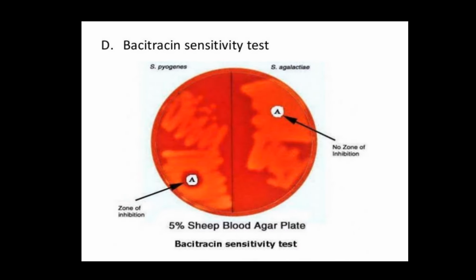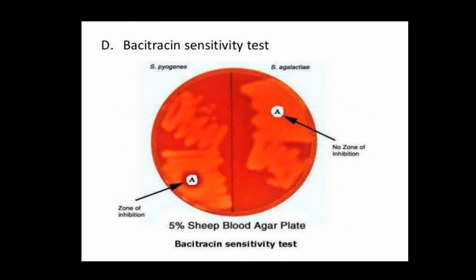Then next we have the bacitracin sensitivity test. The optochin and bile solubility test was for the alpha hemolytic streptococci, while the bacitracin sensitivity and PYR status are for beta hemolysis, that is complete hemolysis streptococci. On the basis of the bacitracin sensitivity test we have group A and group B streptococci.